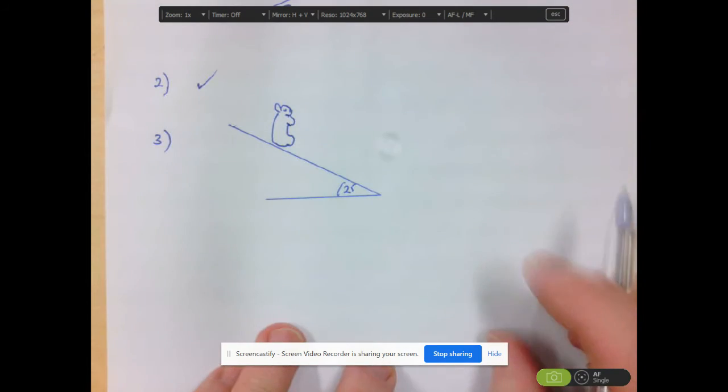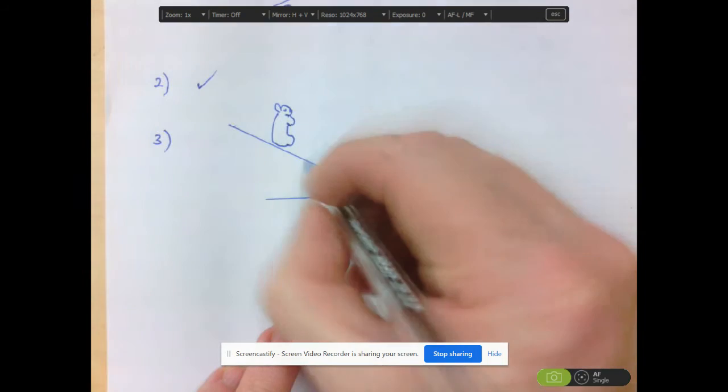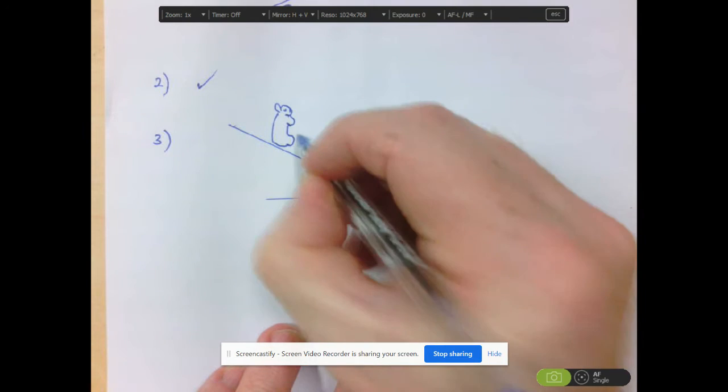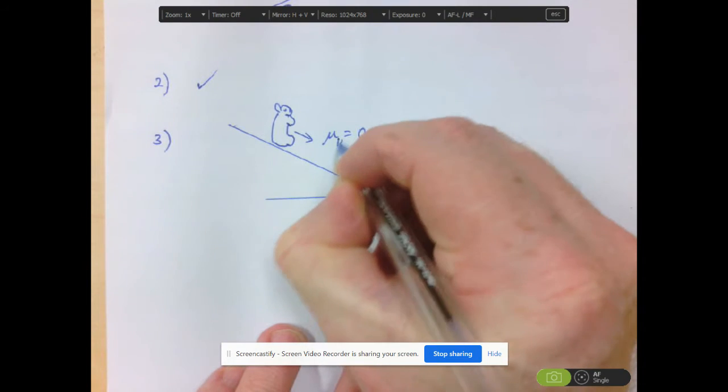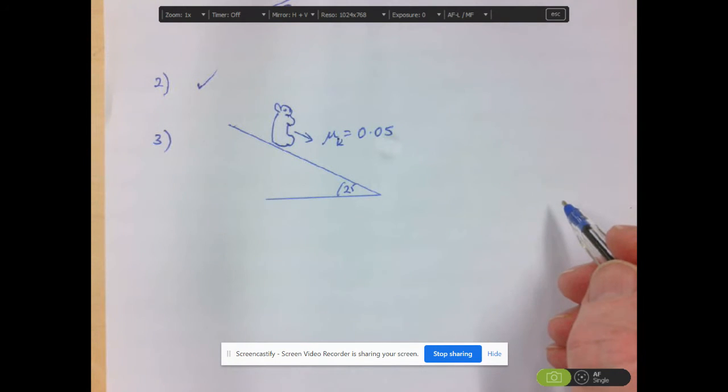It's a very cute polar bear. And it's sliding down. Now, the coefficient between the bear and the slide is mu equals 0.05. Now, because it's sliding down, this would be mu k. What is the frictional force on the bear?